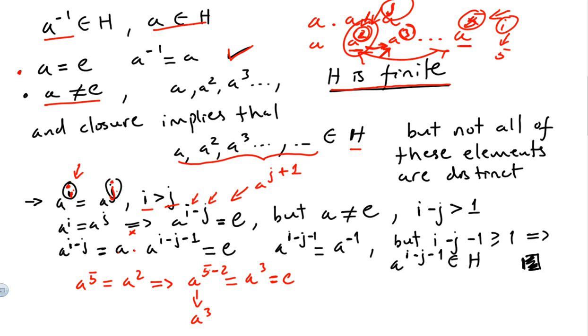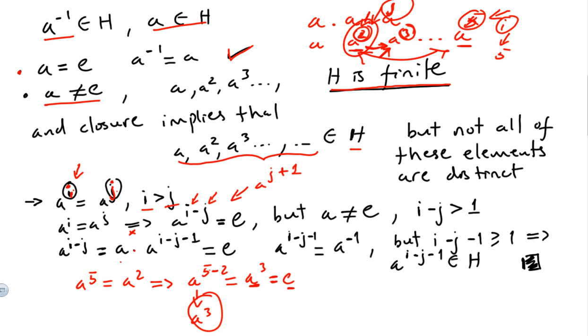Product by a, you're getting a to the power of 3, okay? And a to the power of 3 is the identity, okay? So a to the power of i minus j equals, it's the same as this, okay? And in our particular case, we were talking about a^3, the next one after a^2, okay? And that's the identity.